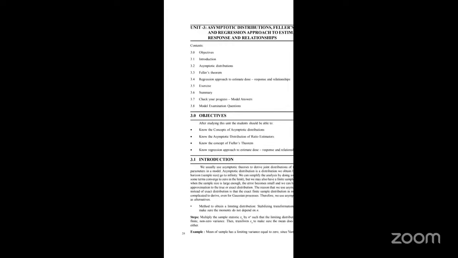So here the next topic is unit 3. Before that, units 1 and 2 are very, very important for you, and I just recall these two units that I explained.